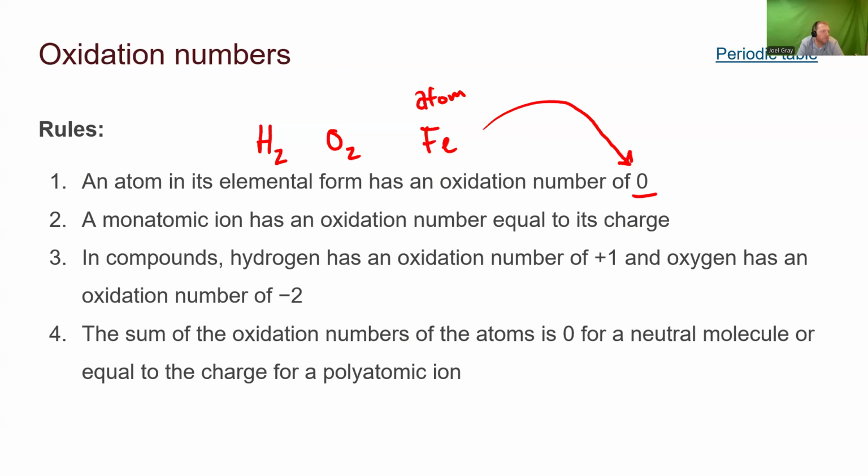Next up, a monatomic ion has an oxidation number equal to its charge. So now if I said Fe3+, what is the oxidation number on that? Well, it would be 3+. The difference here is the context.